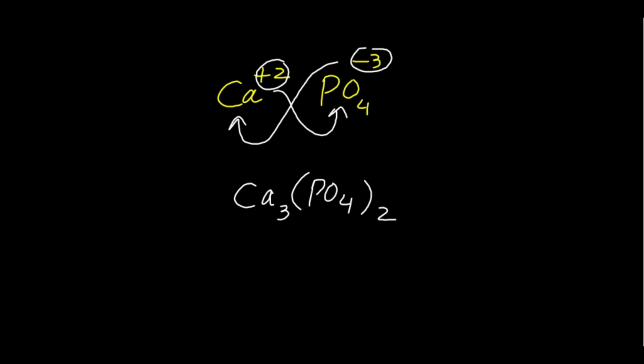We will see one more example to understand this concept. For example, if you are asked to write the formula of sodium carbonate, how can we write it? Sodium, Na plus 1. This is the valency for sodium. Carbonate, CO3 minus 2.